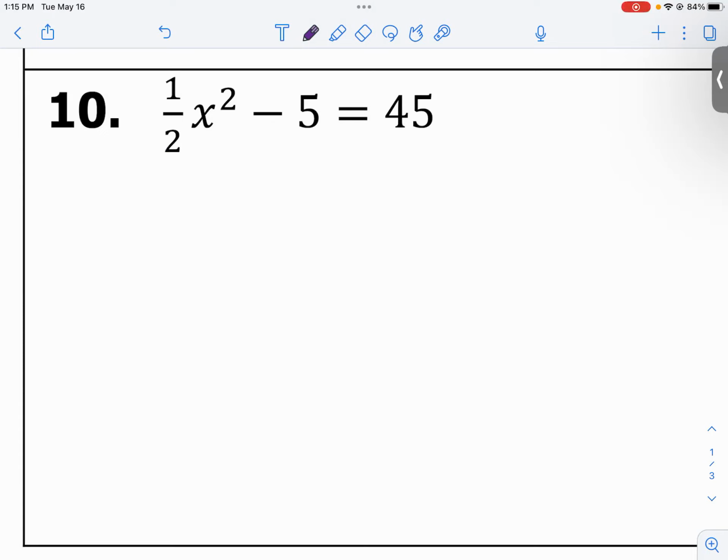Divided by 2, or you multiply by 1/2. And then x squared equals 25. Okay, so let's go ahead and add 5.